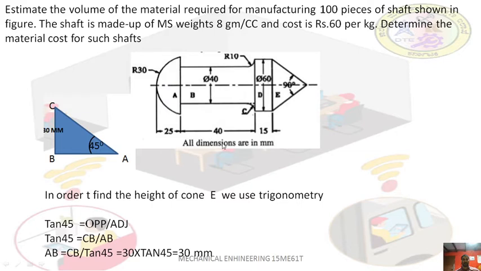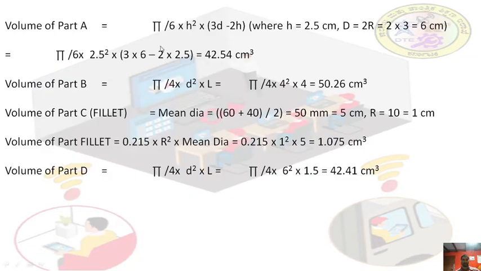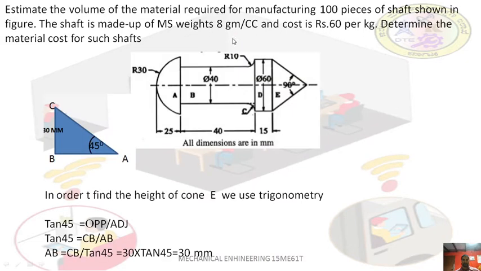Since it is in millimeter, we have to calculate the volume in centimeter. So the diameter will become 6 centimeter, and h is 25 millimeter, that is 2.5 centimeter.